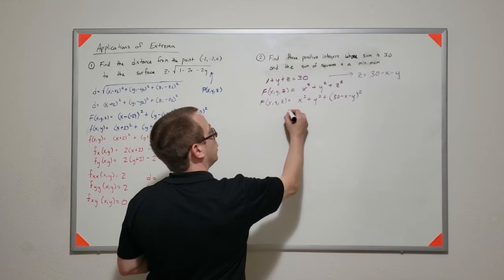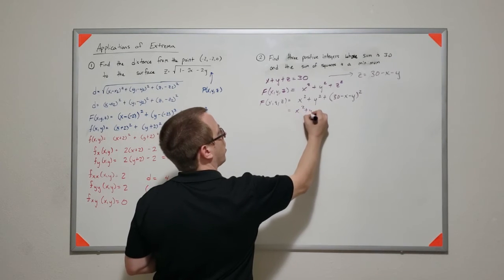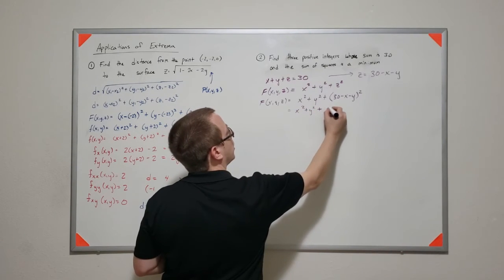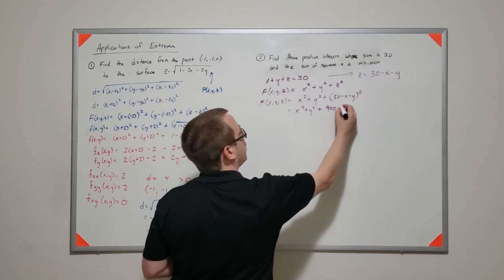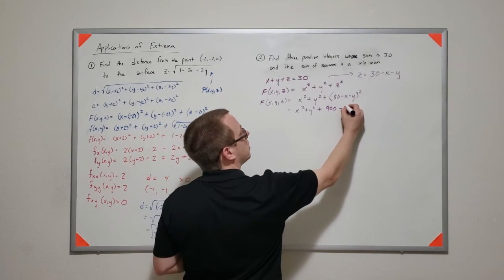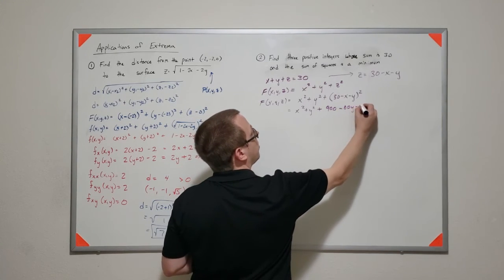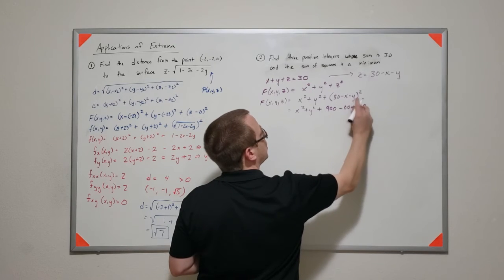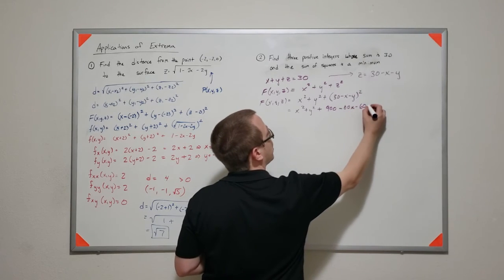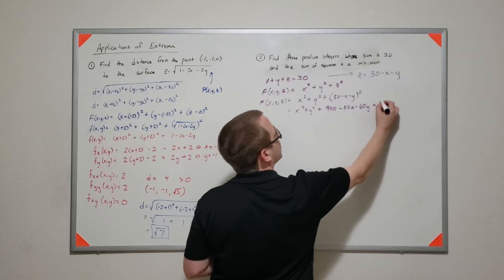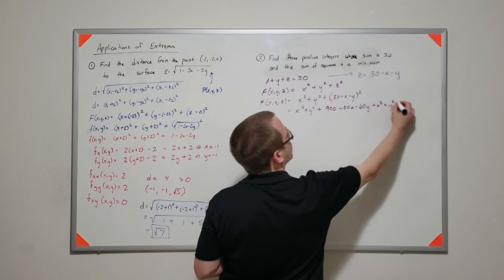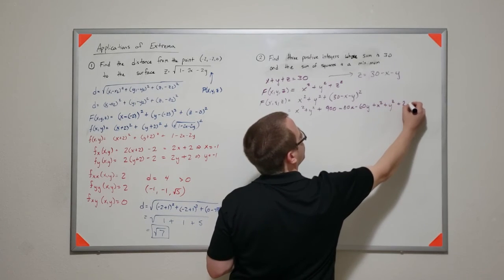We get x squared plus y squared plus 900 minus 60x minus 60y plus x squared plus y squared plus 2xy.